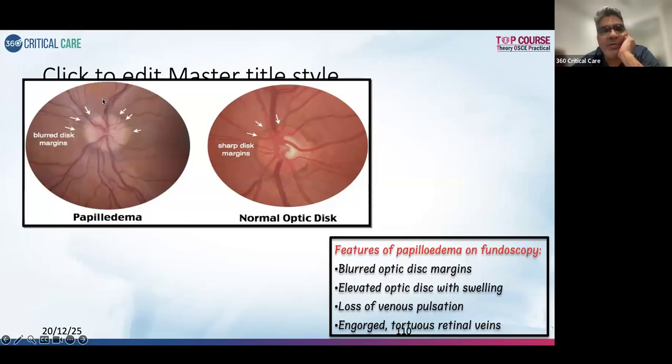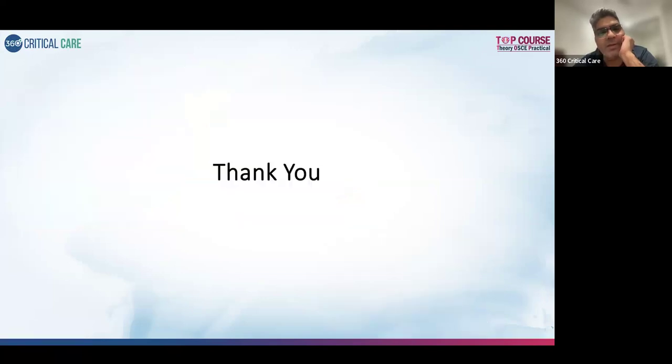Elevated optic disc with swelling, which is again a practical thing to look for with fundoscopy. There will be loss of venous pulsation, which is abnormal, and you will have engorged, tortuous retinal vessels compared to the normal. You can see they are more tortuous compared to a normal optic disc. So this is again an indirect evidence of raised ICP with papilloedema.